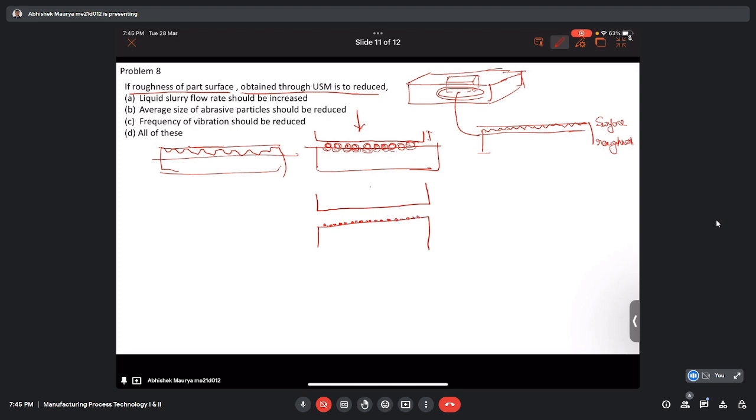When this tool vibrates and applies load on this abrasive particle, then the deformation zone will become very small, and from this small area fracture will take place and material will get removed, and finally we will get a surface which has very small asperities.